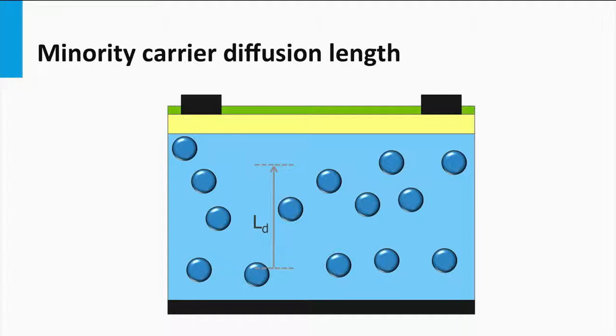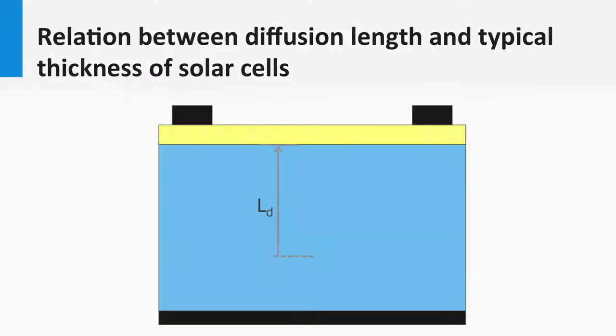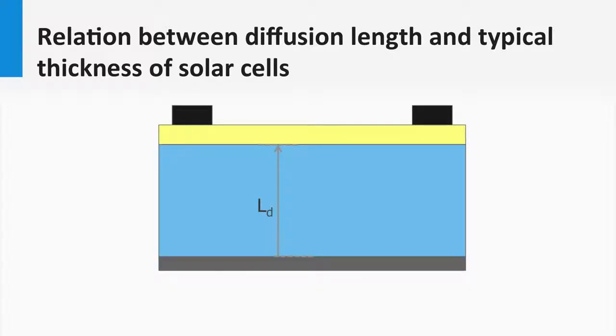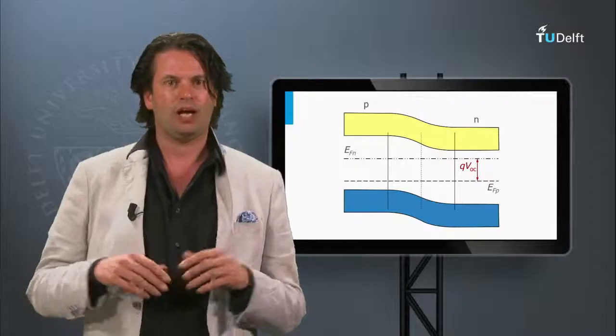In other words, their lifetime is too short. This means that all charge carriers generated at a depth greater than the diffusion length from the p-n junction cannot be collected. If the charge carriers are generated at a depth shorter than the diffusion length, they can be collected. This means that the diffusion length of the minority charge carrier limits the maximum thickness of the solar cell.